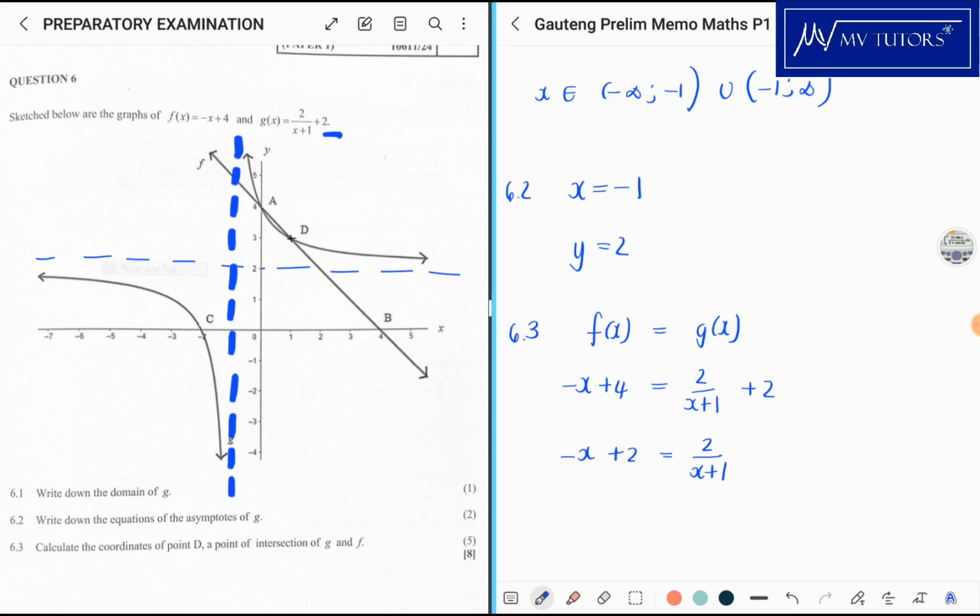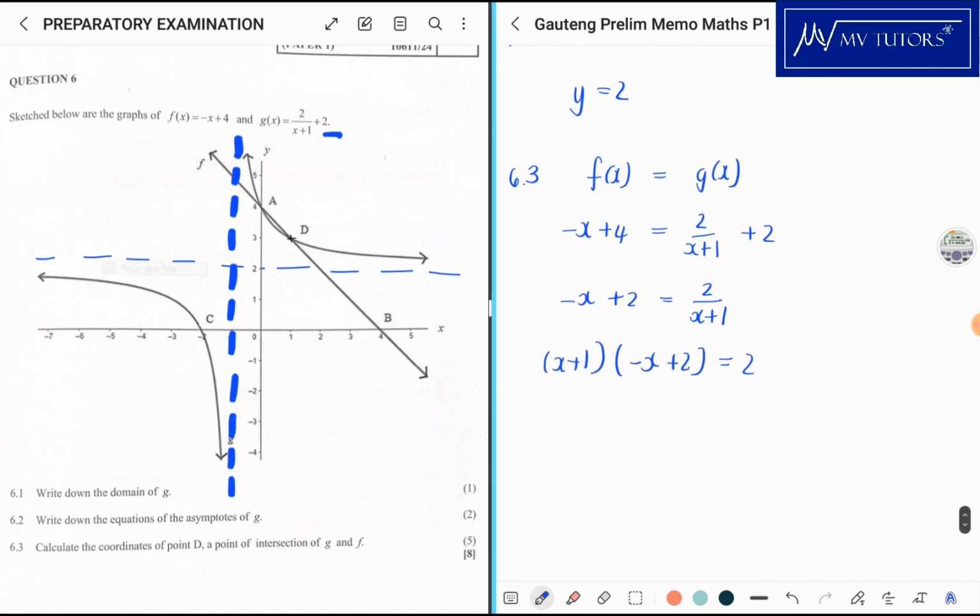Now I'm going to multiply by x plus 1 on both sides. All right, so x plus 1 multiplied by negative x plus 2 is equal to 2.